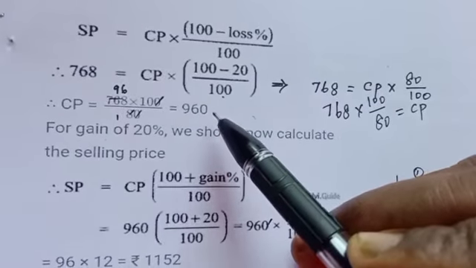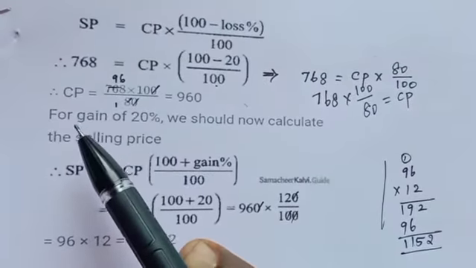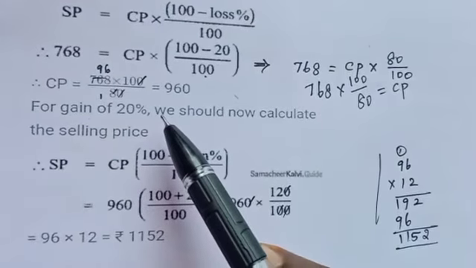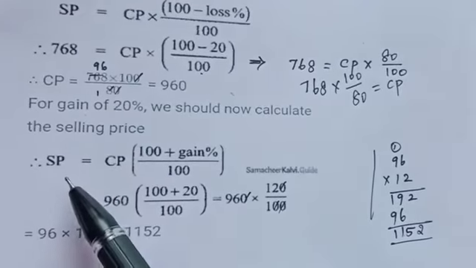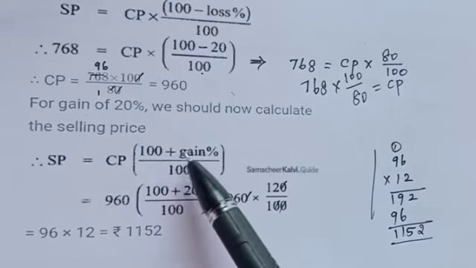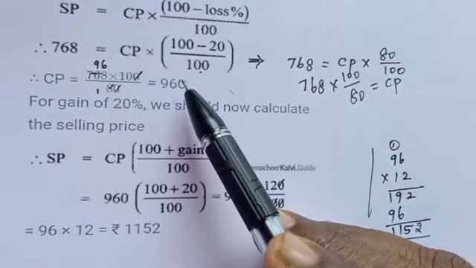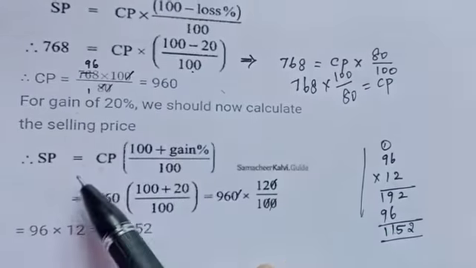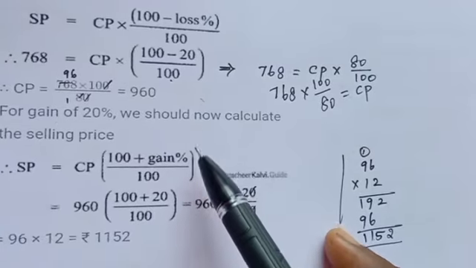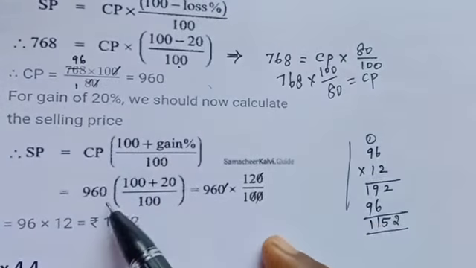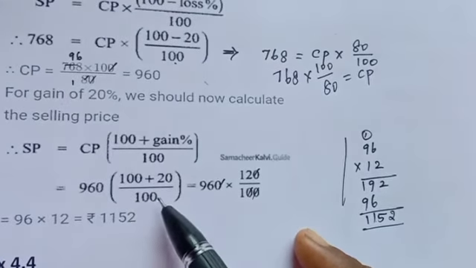Yes, students? Yes. For the second condition, given a gain of 20%, what is the selling price? SP is equal to CP into 100 plus gain percentage by 100. Now gain is given and CP also we know. So CP we found 960 into 100 plus 20 by 100.